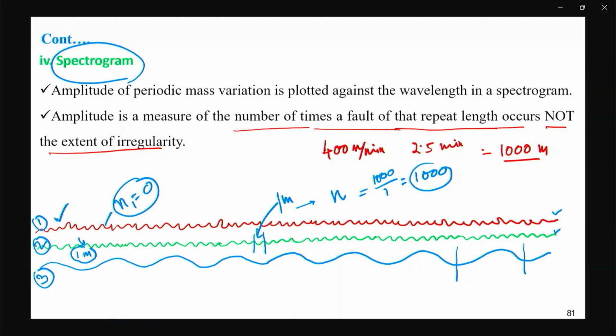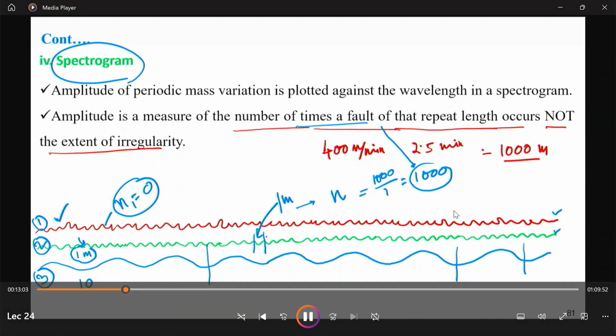So, this number of repeats for yarn 2 will show up at the y axis. The height of the chimney will be proportional to 1000 because it will be very high.